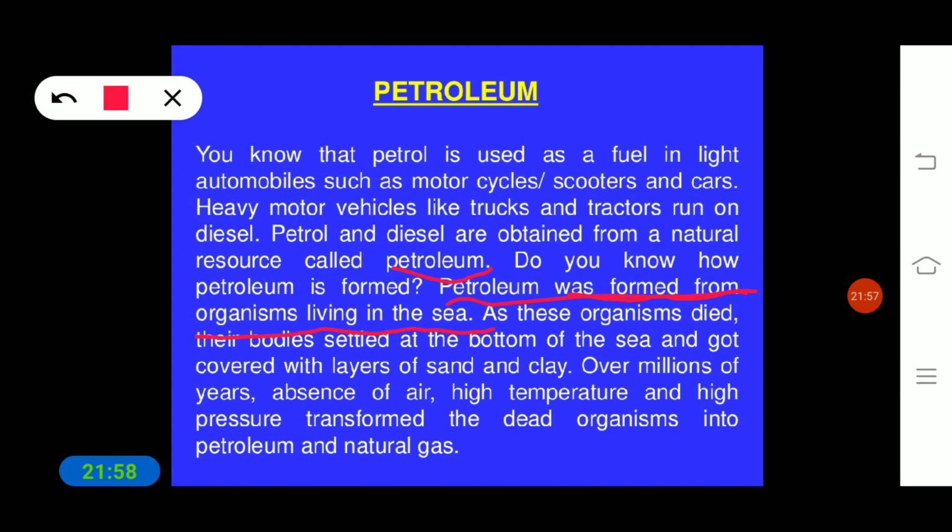Over millions of years, absence of air, high temperature and high pressure transformed the dead organisms into petroleum and natural gases. So this is how petroleum is produced, from dead organisms which lived in the sea.